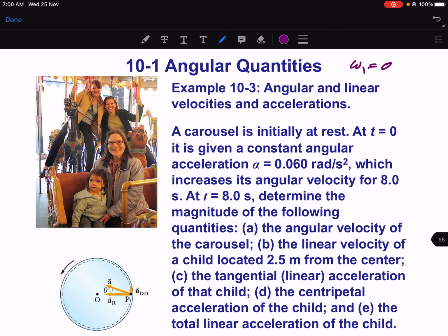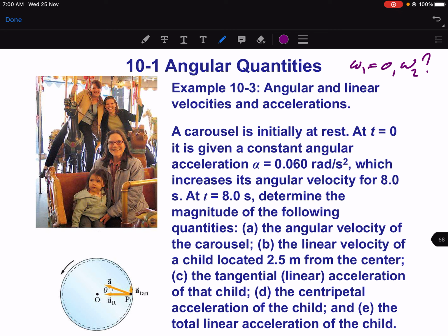And E. The total linear acceleration of the child. Okay, A is angular velocity of the carousel. Angular velocity of the carousel means you have to look for omega 2, right?